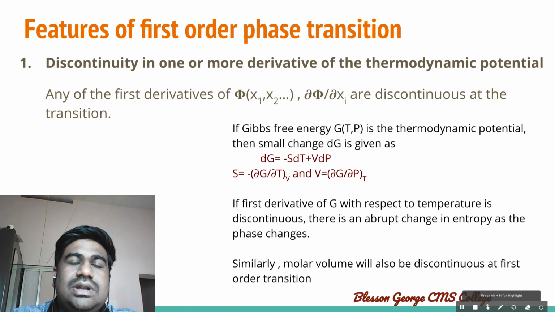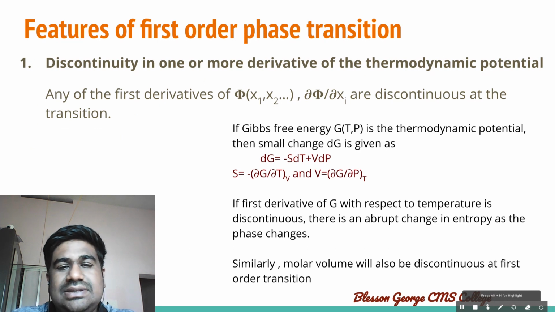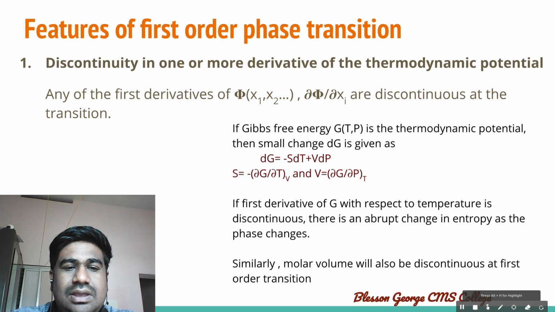So, discontinuity in one or more derivatives of the thermodynamic potential. If capital phi is a thermodynamic potential and x_i are the parameters, if any of the first order derivatives, dou phi by dou x_i, is discontinuous at the transition, then it is a first order phase transition.